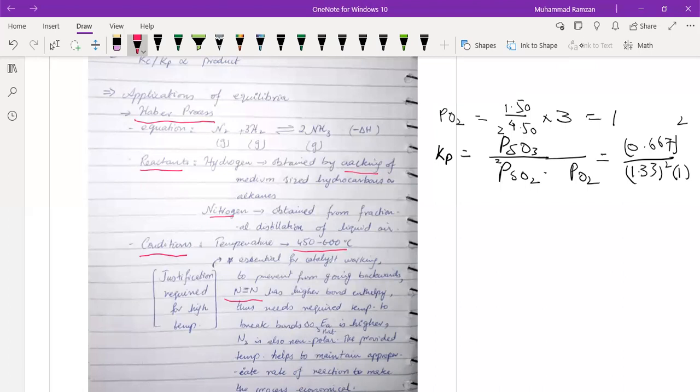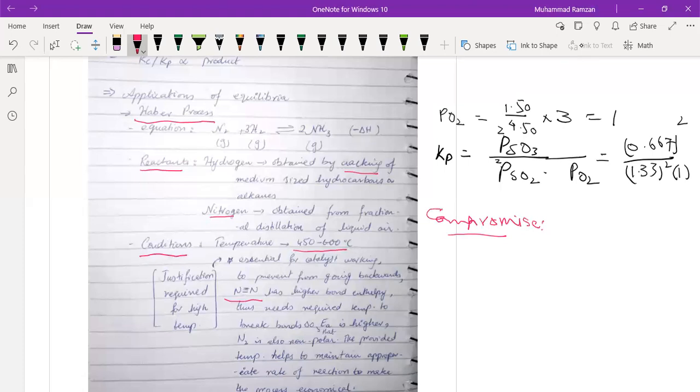Any temperature of this range is a compromise. That's the word, compromise, because it is suitable to break N2.